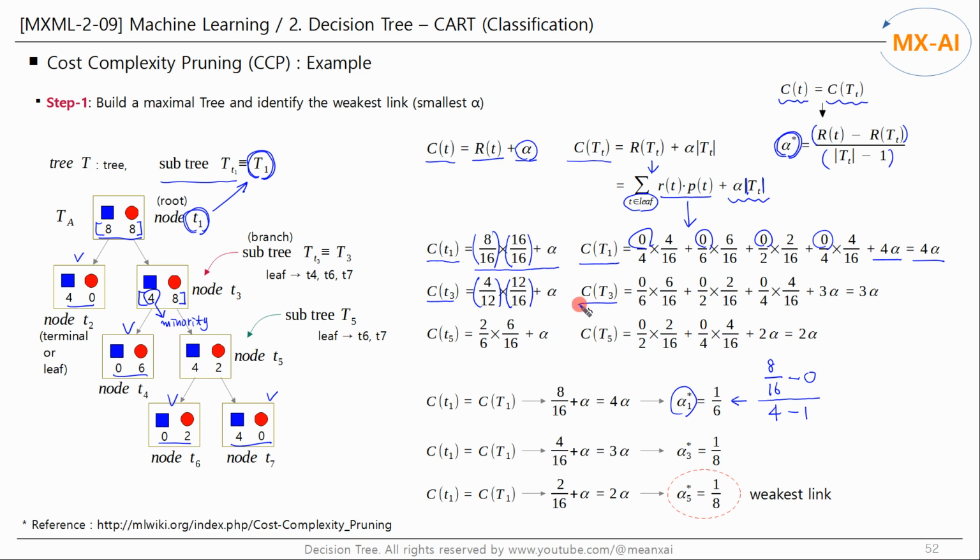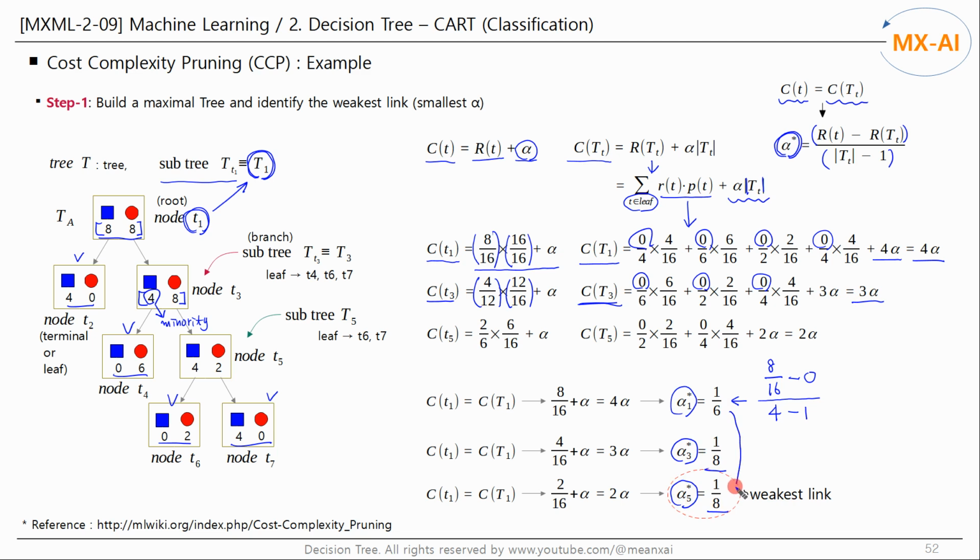The subtree T3 has 3 leaf nodes, and again, all leaves are pure. So its cost complexity is 3 alpha. From this, alpha star for T3 comes out to 1/8. Running the same calculation for node T5 also gives us 1/8.